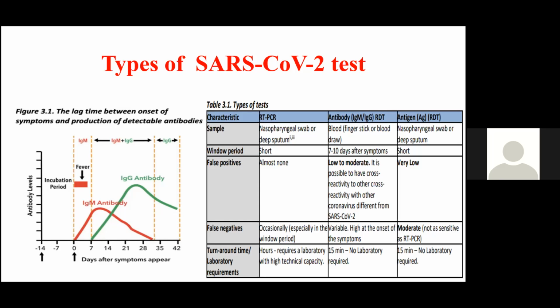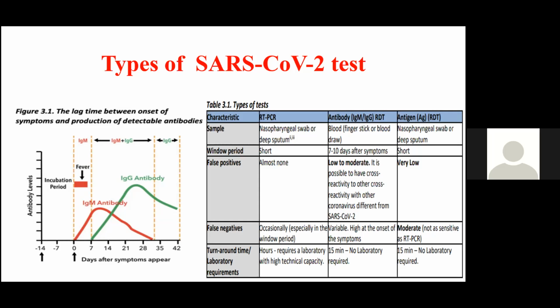The turnaround time for laboratory tests depends on the laboratory. For PCR, some laboratories take 2, 4, 6 or 8 hours. It depends on the technology they are using for PCR.